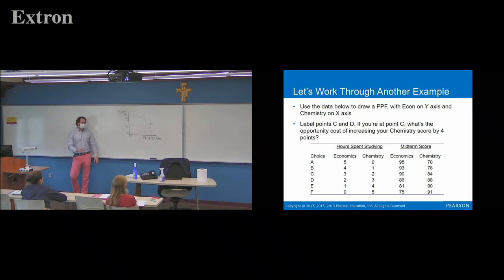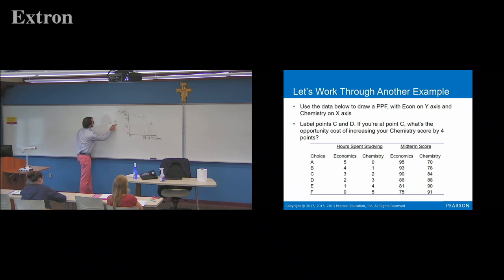So if we wanted to increase our chemistry score by 4 points, and we're at point C, what's the opportunity cost going to be? That's right. If we want to increase our score by 4, and we're at point C, that's moving from 84 to 88.